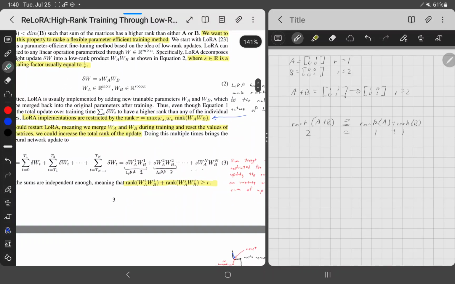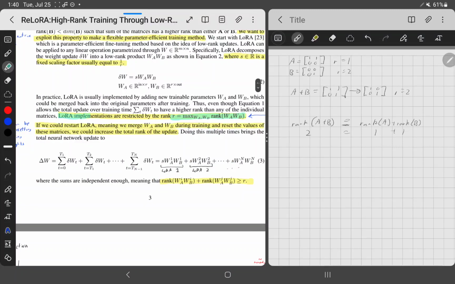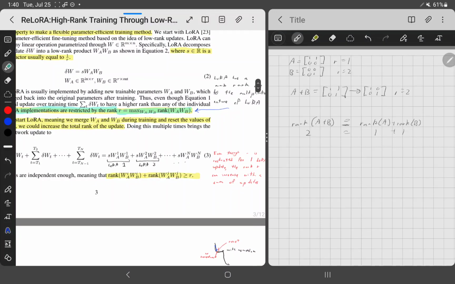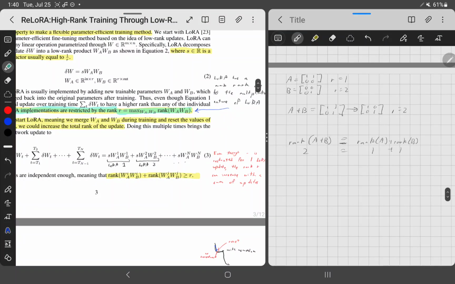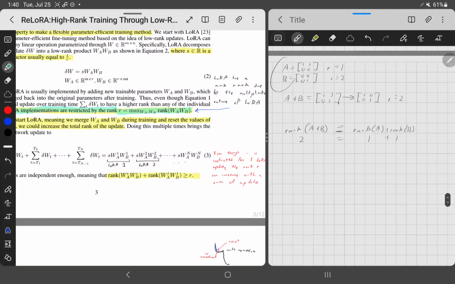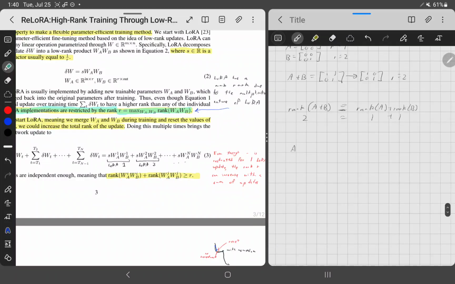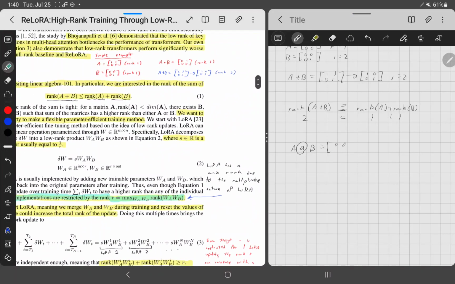that LoRA implementations are restricted to the rank r equal to the max of the rank. So in this case, A and B, if we multiply them together, since LoRA is multiplicative, A times B gives you [0, 1; 0, 0], which is a rank of 1, because you only have one linearly independent vector.